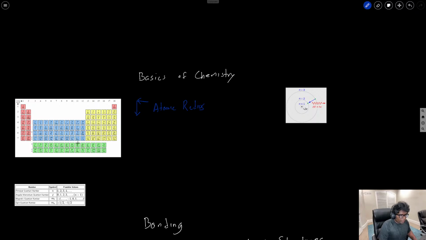Next up, let's go with ionization energy. Ionization energy is the complete opposite. It's up and to the right. It's not just ionization energy though, guys. It's also electronegativity, electron affinity, and effective charge.